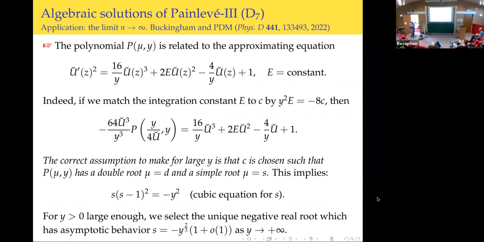That's a cubic equation for s. And if y is a big enough positive number, we can pick the unique negative real root of this cubic that has this asymptotic behavior, minus y to the 2/3 plus small, as y goes to infinity. That's the one I want to pick. That's the simple root I want to pick.